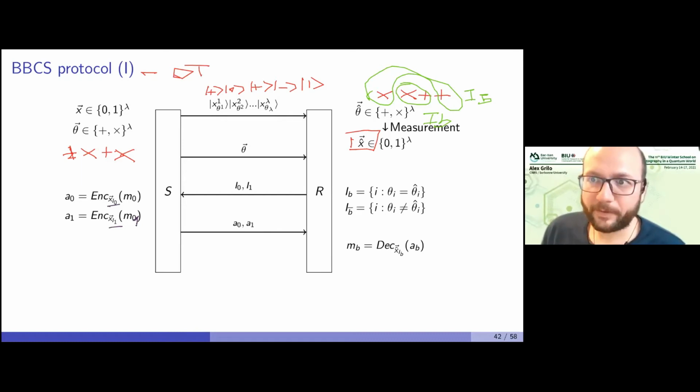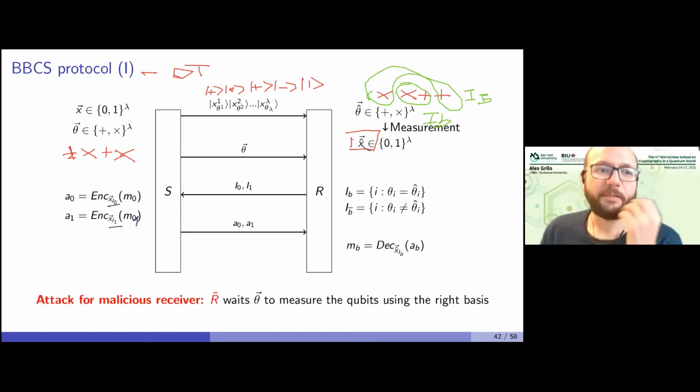But the problem with this scheme is that we assume the receiver measured the qubits as soon as she got them, and this is a very strong assumption because there is a very simple attack where the receiver just waits for these bases to come. She decides not to do the measurement when she receives the qubits, but she waits for theta, and just then she performs the measurement.